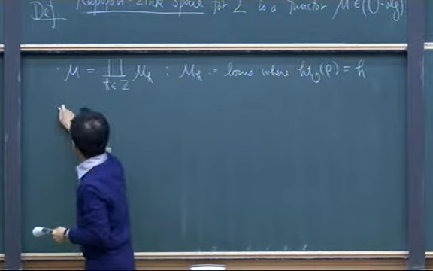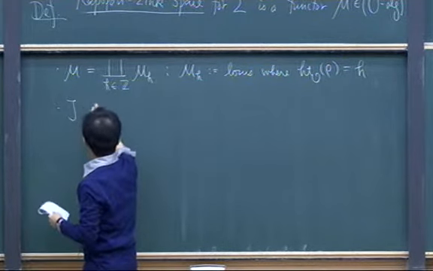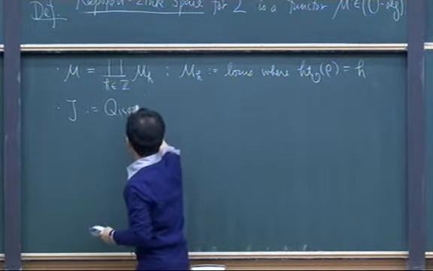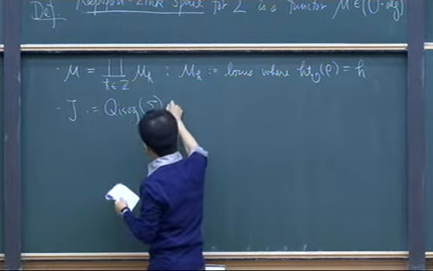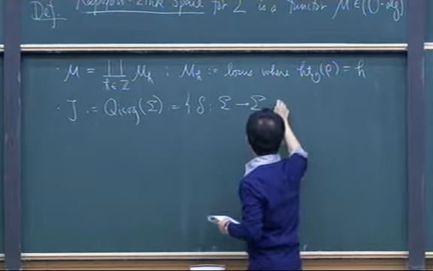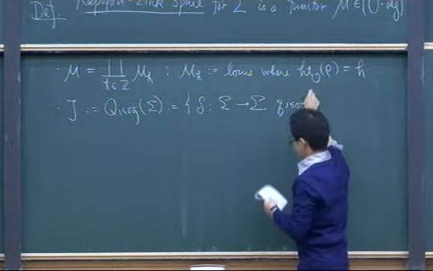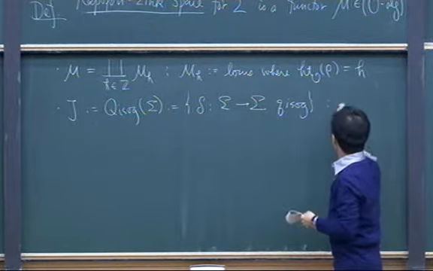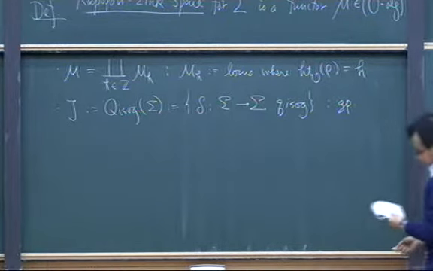J is the usual notation for the group of quasi-isogenies. So this is a group.